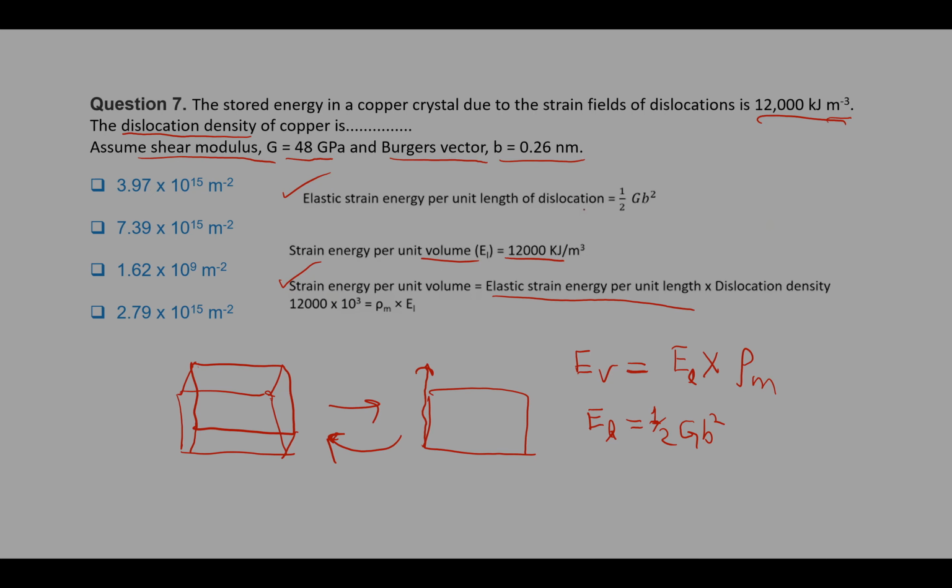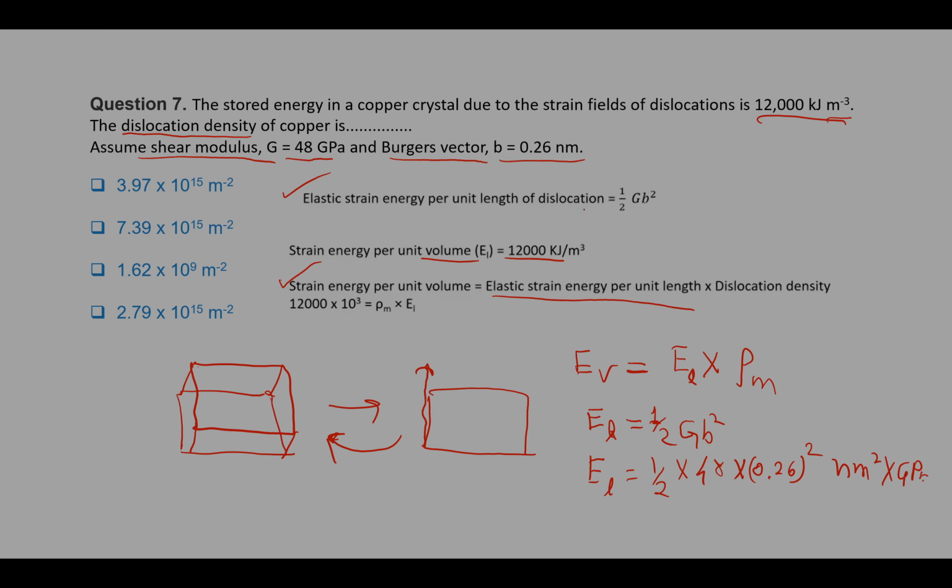So here you can see 1 by 2, G value is 48 GPa, into 0.26 nanometer square.